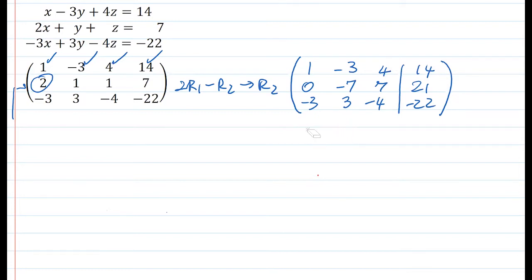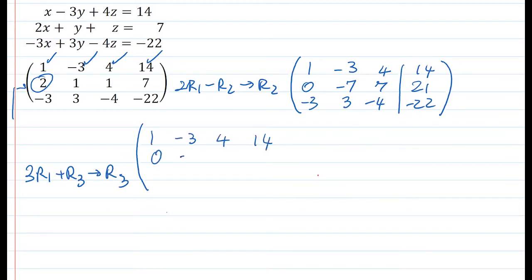For the first position, we can do 3R1 plus R3. 3R1 plus R3, put it in R3. First row unchanged, second row unchanged.